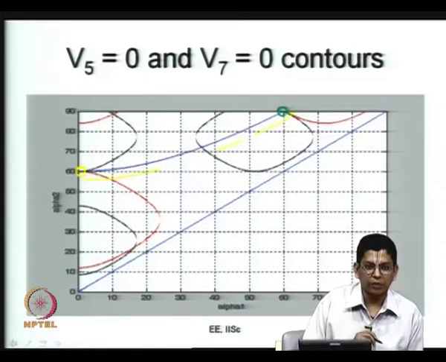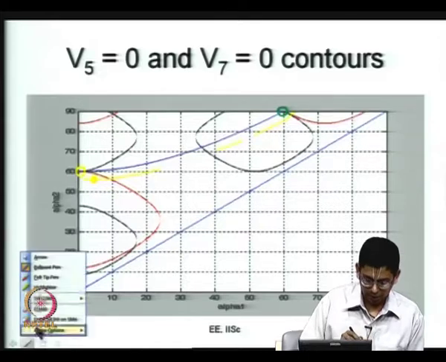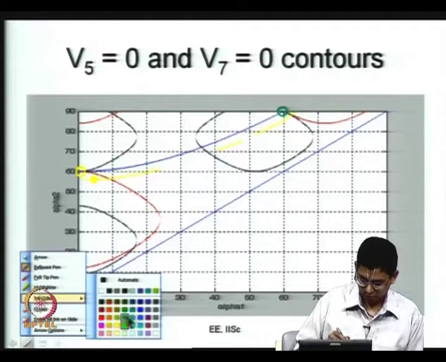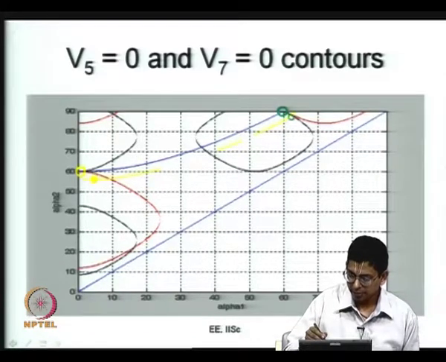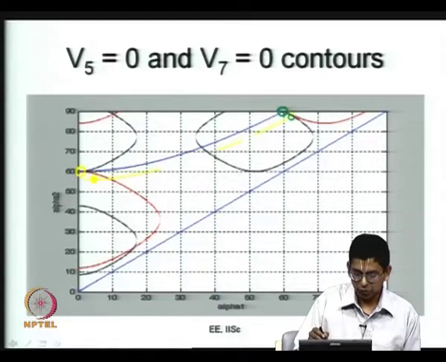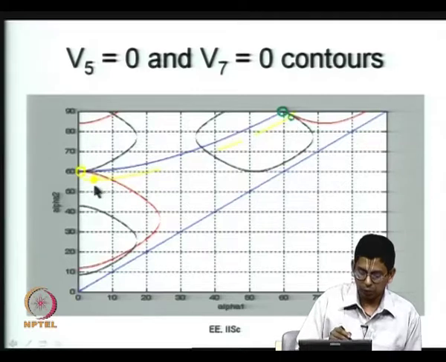This is a small voltage now. I can choose some point here, alternatively I can choose some point here. You see that it makes better sense to choose this point over this point. Let me choose the green point over the yellow point.